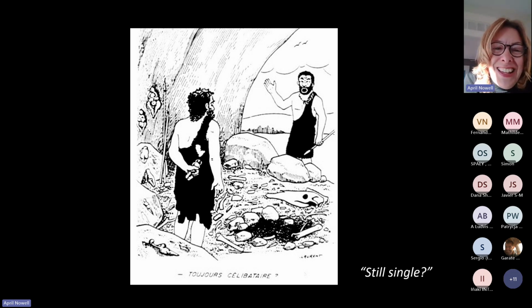It's this one man who's been caught making figurines, and it's this idea that the figurines were made by men, for men, for pornographic reasons, like a Playboy magazine, but in the Paleolithic. And there's always been this sort of unspoken, perhaps, understanding of who's making the art and why.